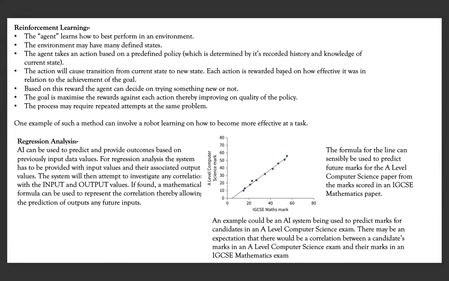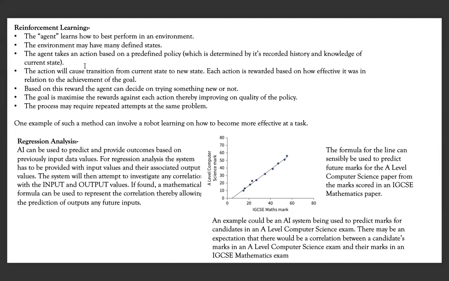Each action is rewarded based on how effective it was in relation to achievement of the goal. So basically, every time I move from my current state to the next state, that next state should take me closer to my goal.